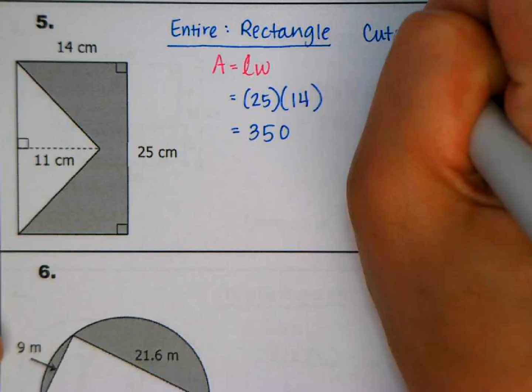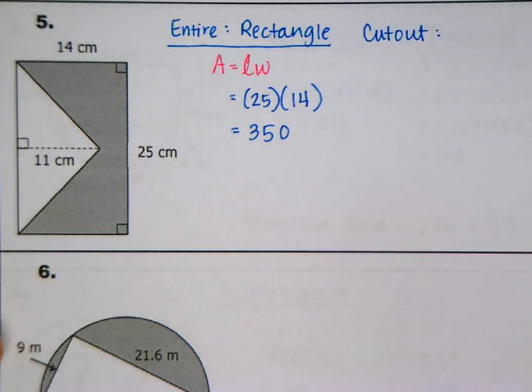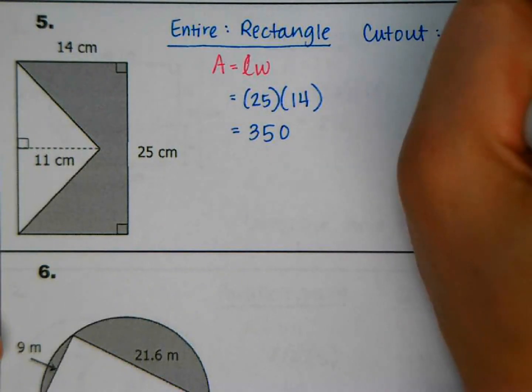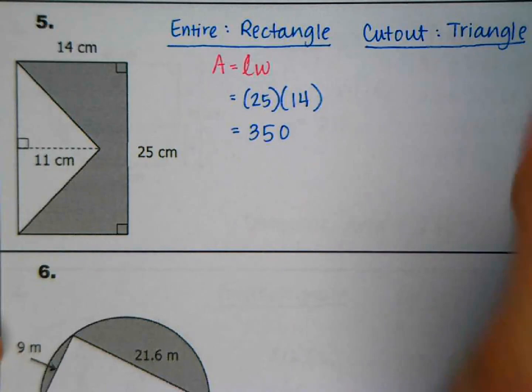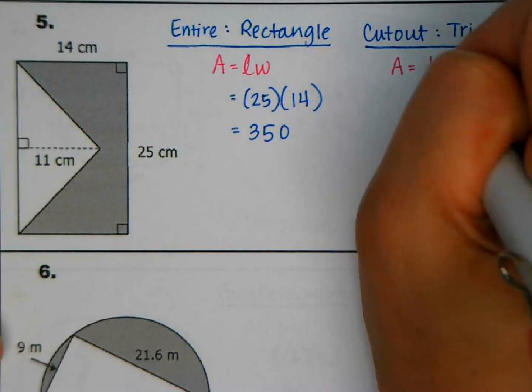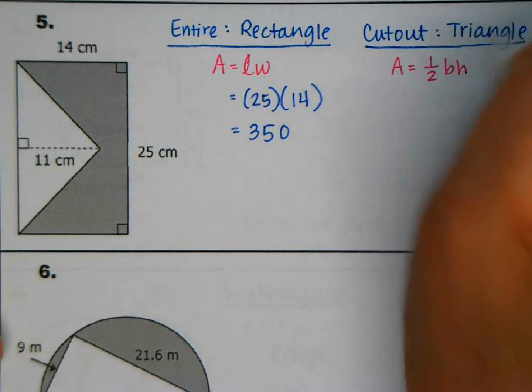And the shape we're cutting out is a triangle. Area of a triangle is 1/2 base times height. Anytime you have a B and an H, we're looking for a right angle.